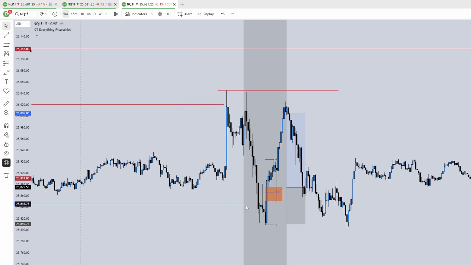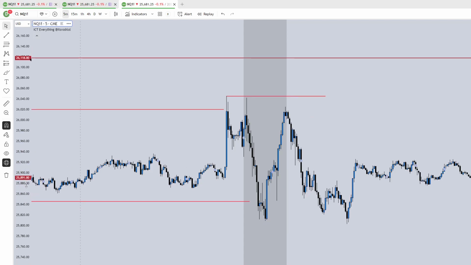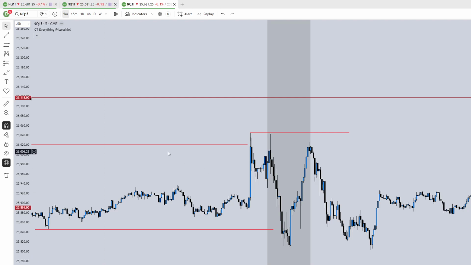So Tuesday, we had 8:30 news. I used to trade 8:30 to, this is a perfect example. 8:30, the news drops, we displace, we make the 2022 model. We have a fair value gap in discount.